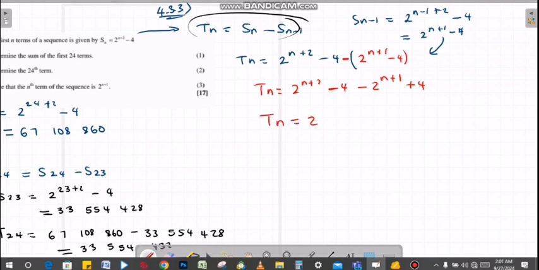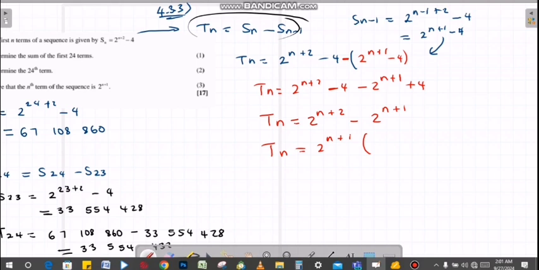Then we're left with 2 to the power of n plus 2 minus 2 to the power of n plus 1. Okay, so we see a common factor of 2 to the power of n plus 1.